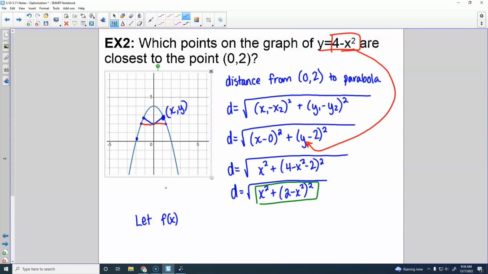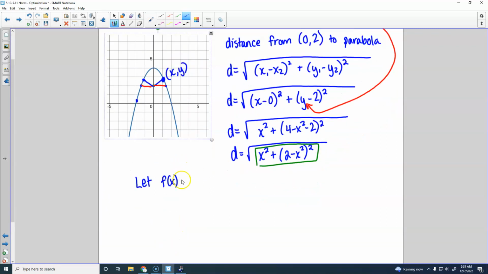So the way we can deal with this is we can say let f of x, just make sure this is not something that's already in the problem. They didn't call this f of x, so if they had called this f of x, I would need to use a different letter. I'm going to say let f of x equal x squared plus 2 minus x squared, squared.